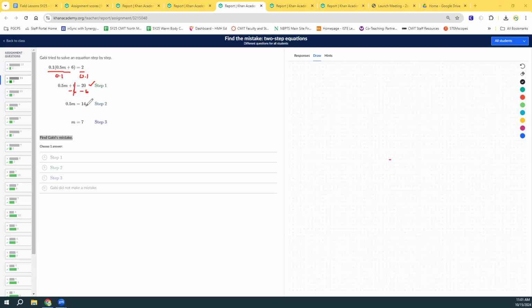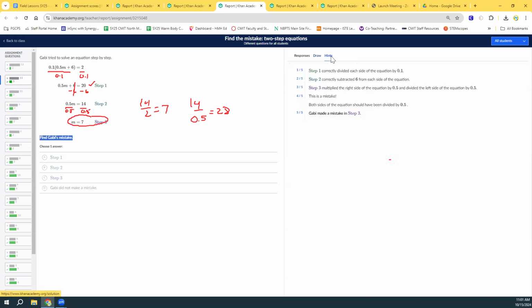So that works out. And then she divided by 0.5, but 14 divided by 2 is 7. 14 divided by 0.5 is going to be 28. So Gabby has the wrong step in step 3.